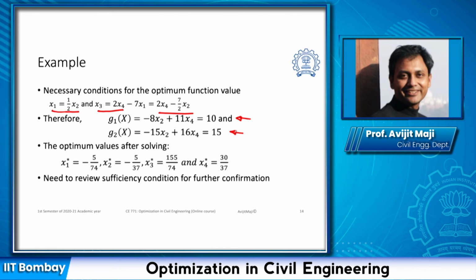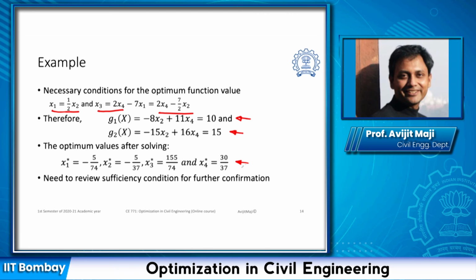If we solve these two constraints, we can get the values of x1, x2, x3 and x4, where we can expect the function value is going to be optimum or a saddle point, or we may need to further investigate.